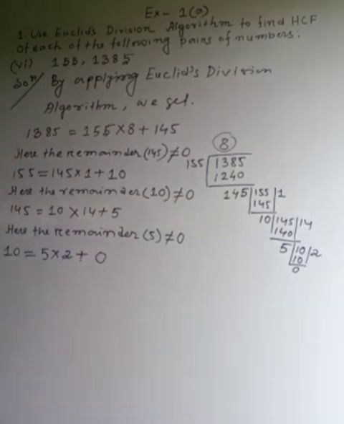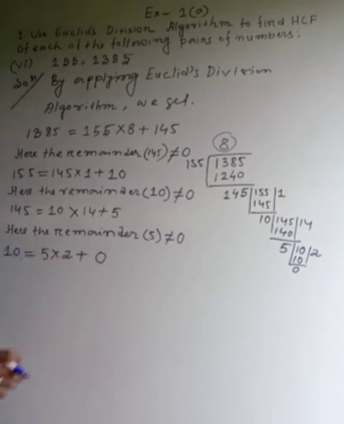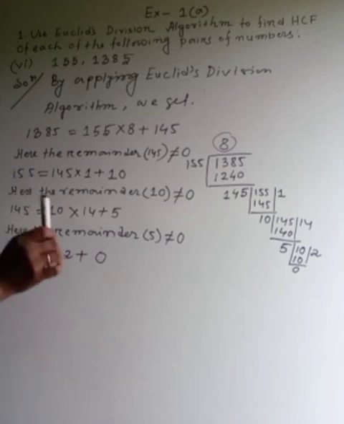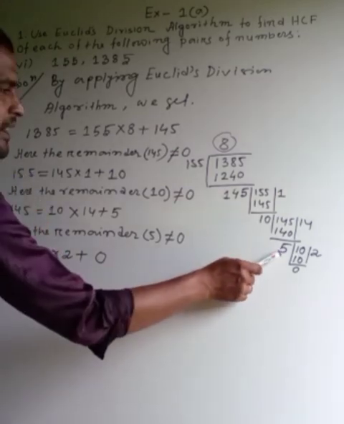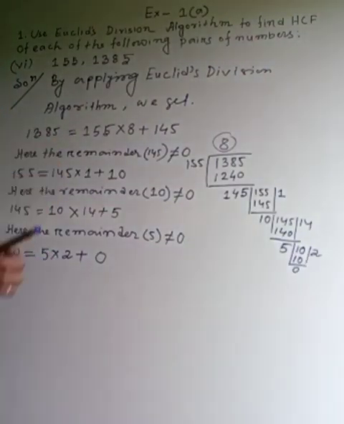It means now we got the remainder 0. If you get the remainder 0, it means now you can stop. At that moment when you got the remainder 0, then you got one divisor. So we have divided by how much? 5. So this 5 will be the HCF.